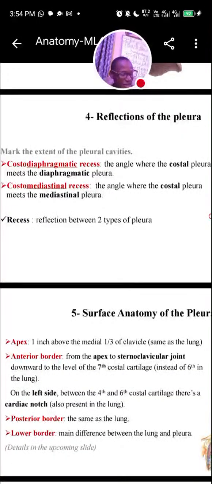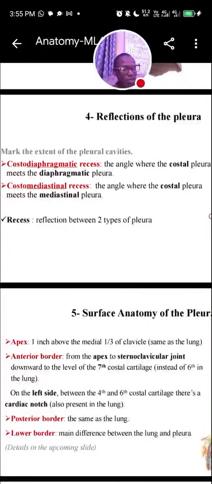Okay. All right. So we have diaphragmatic pleura, mediastinal pleura, and costal pleura, cervical pleura.